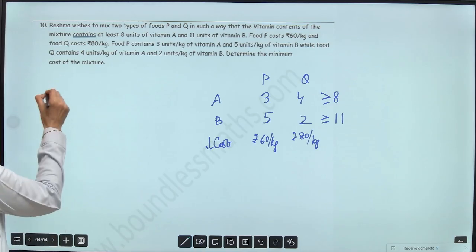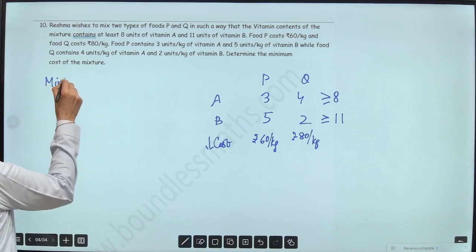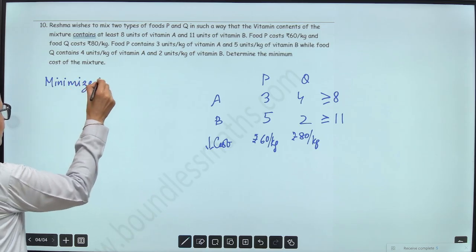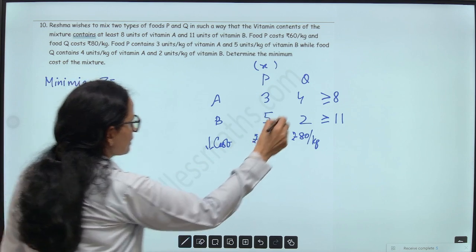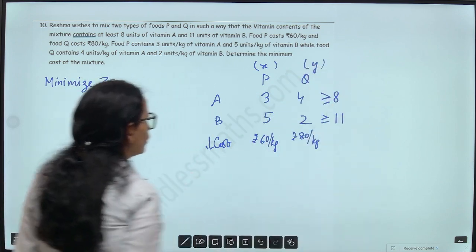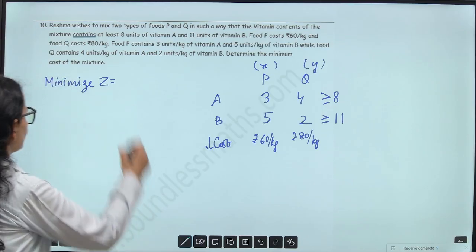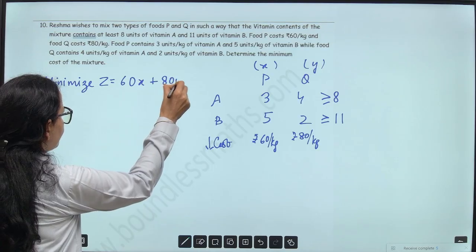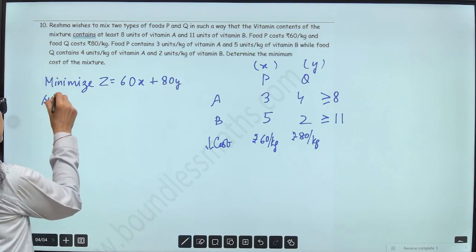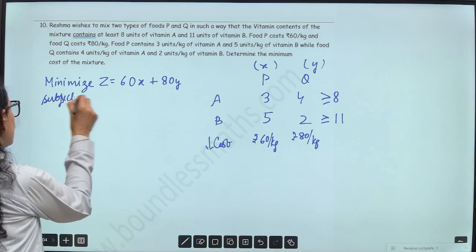So how do you formulate the LPP now? Minimize Z equals, let the amount of food P be X kg and Y for food Q. So it is going to be minimize 60X plus 80Y subject to constraints.